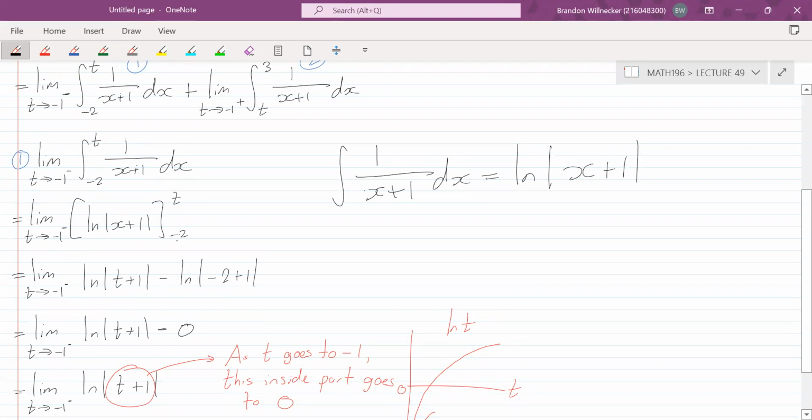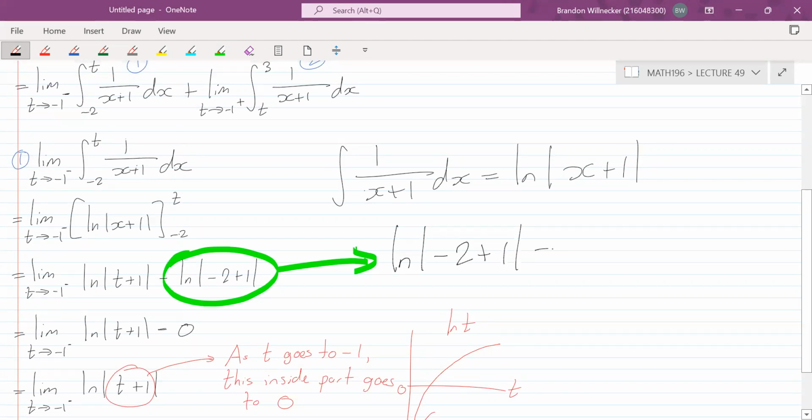So here, when we're substituting minus 2, we're taking the natural log of the absolute value of minus 2 plus 1. Minus 2 plus 1 is minus 1, so it's the natural log absolute value minus 1. The absolute value of minus 1 is just 1, and the natural log of 1 is 0.